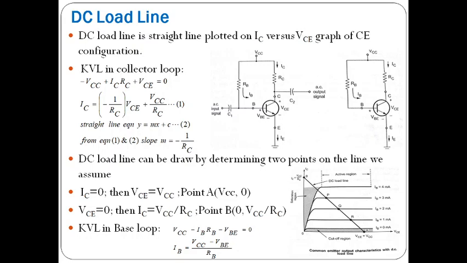Because when you apply DC voltages to the capacitors, they are open circuited. So we can neglect C1 and C2. Due to the higher impedance, higher reactance, we can neglect C1 and C2. So the equivalent circuit of this amplifier is without capacitors.